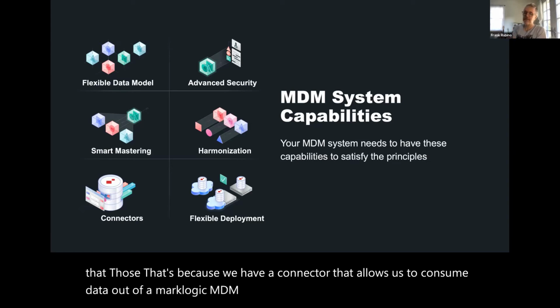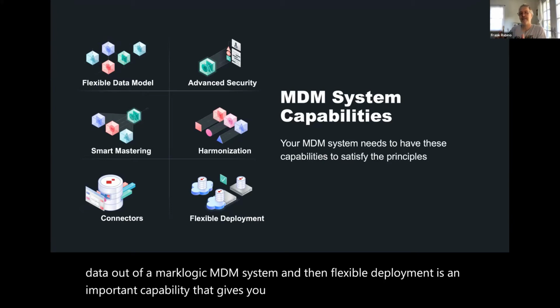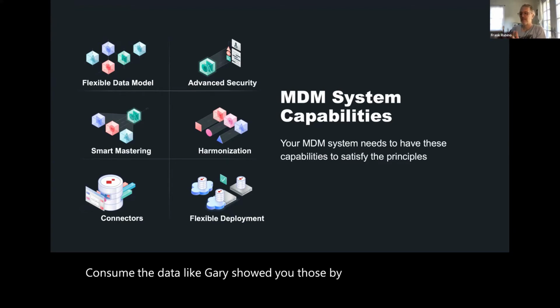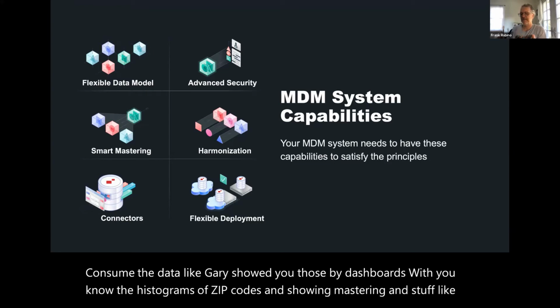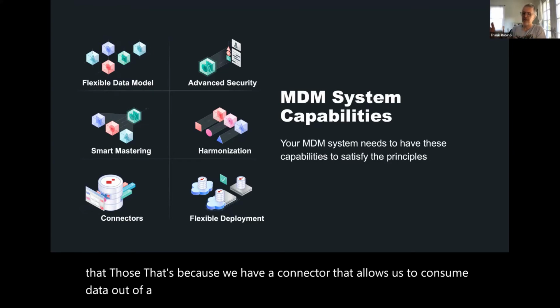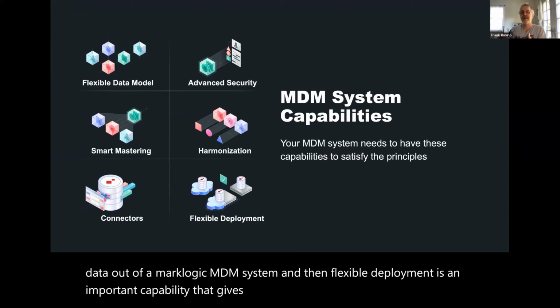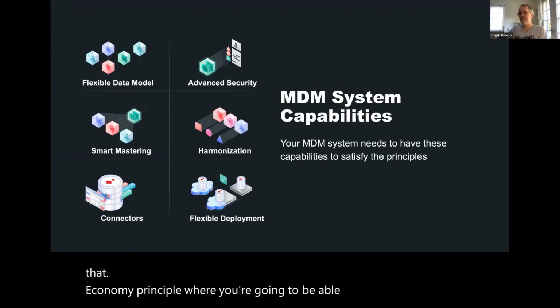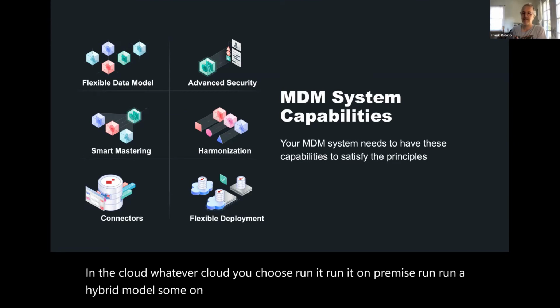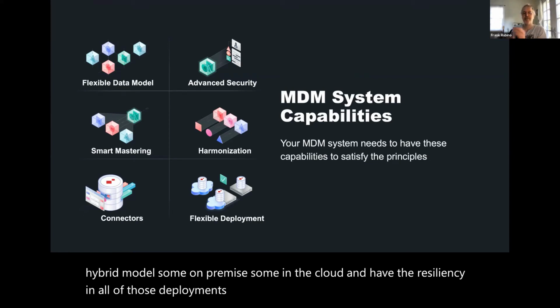And then flexible deployment is an important capability that really speaks to that economy principle, where you're going to be able to run your MDM system in the cloud, whatever cloud you choose, run it on premise, run a hybrid model, some on premise, some in the cloud, and have the resiliency in all of those deployments to be able to handle failures and to be able to elastically grow and shrink as the system needs demand.